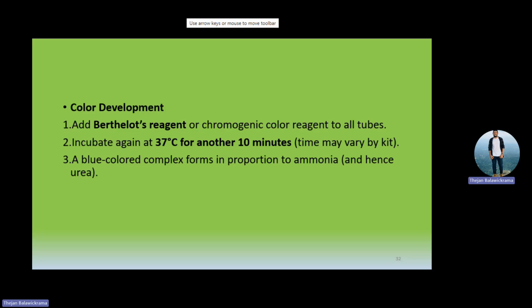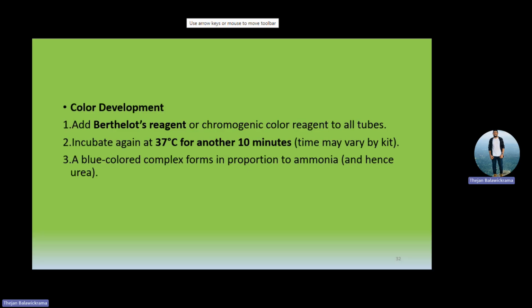It will be dark blue. The blue color intensity will be high if there's a high amount of ammonia, meaning a high amount of urea. The color intensity will be low if urea is low, if ammonia is low. Right. So we measure the color intensity by using the spectrometric method like before.